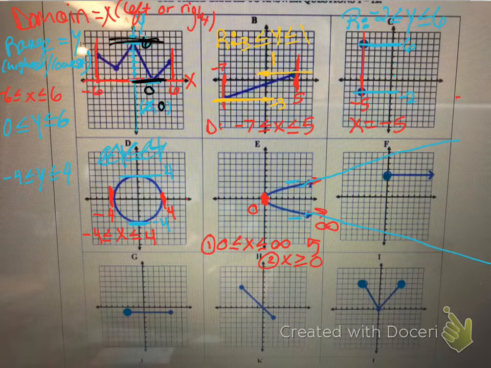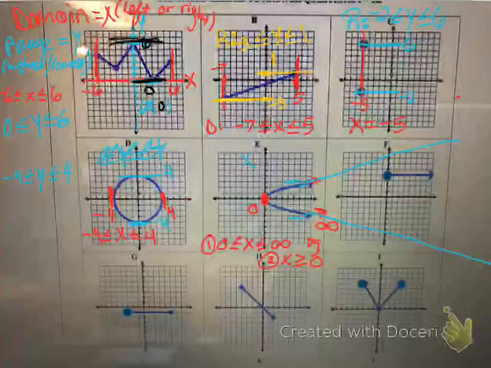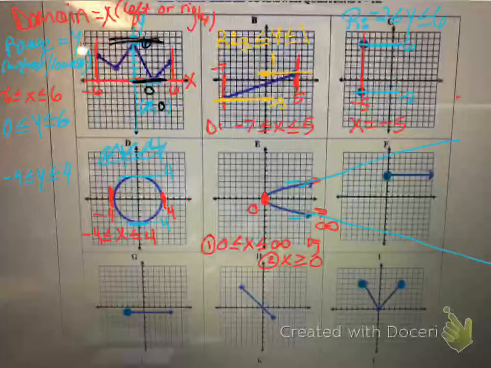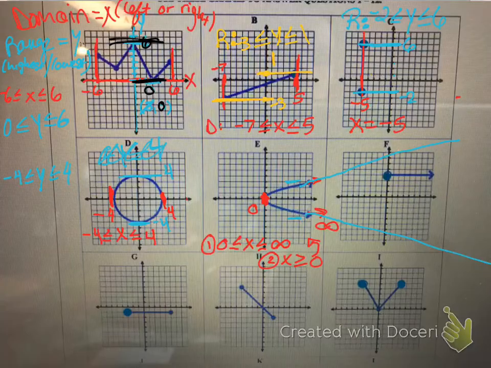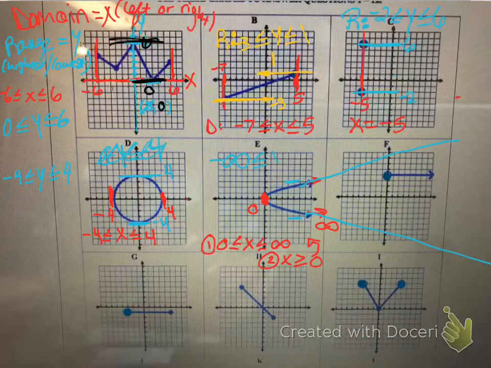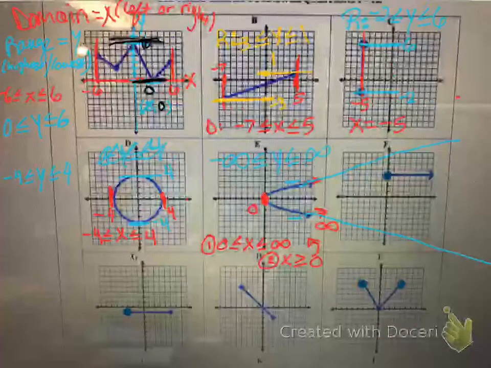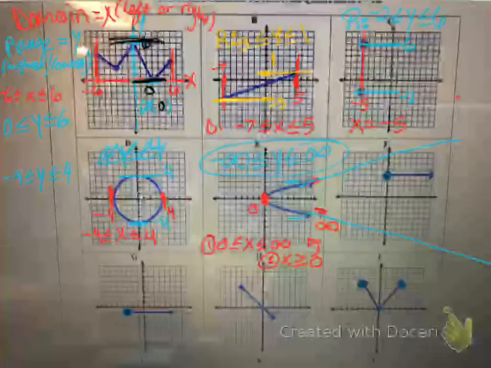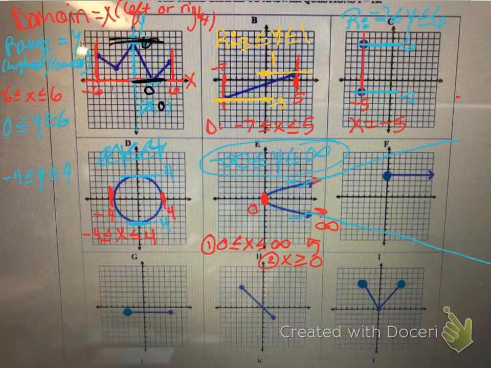So in that case, this is where we have that really crazy writing that we used during our exponential section. So we would say y is in between positive infinity and negative infinity. And this would be your answer for letter E.